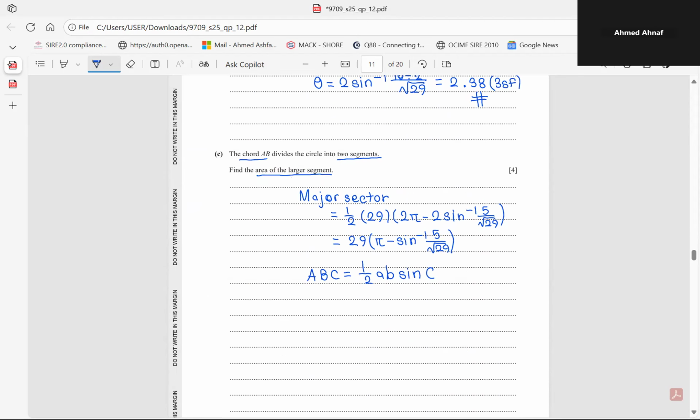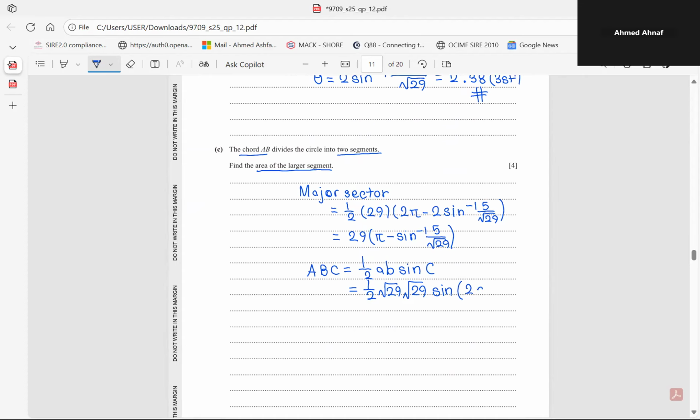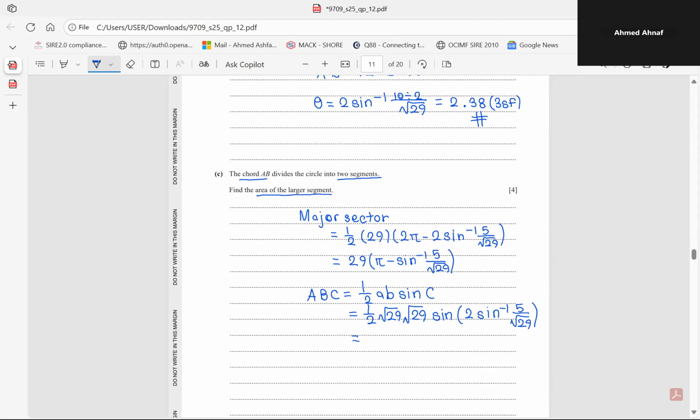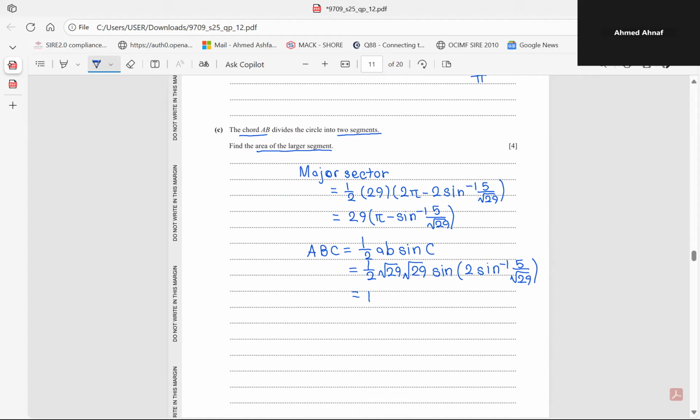Okay, so let's substitute that. So half times square root 29 times square root 29 sine of ACB. So that's sine of 2 sine inverse 5 over square root 29. So type all of that into your calculator. Sine, 29 times half, that is 10 units squared.